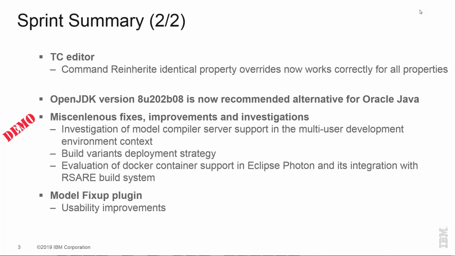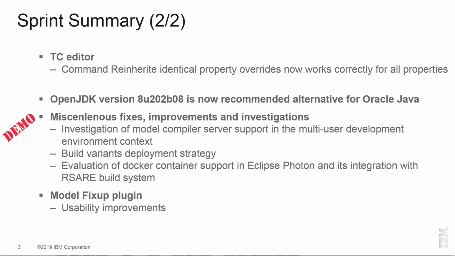Also, one of our main areas of investigations is the build variance deployment strategy. So during this sprint, we continued and finalized some investigations on how the existing transformation configuration structure can be converted to the structure in a TCGS format with the generic transformation configuration for various targets.